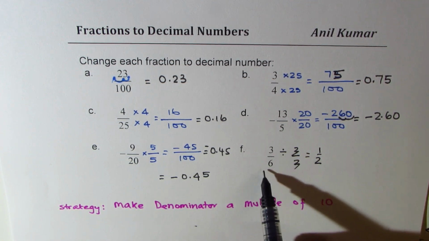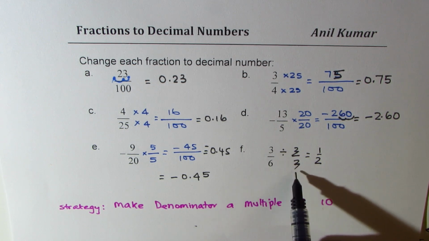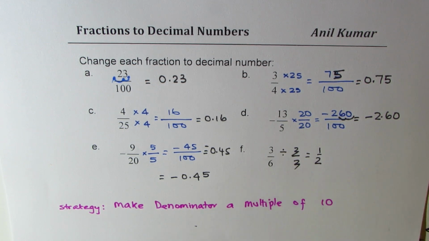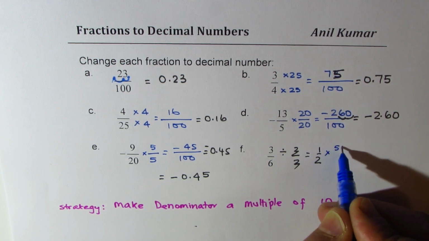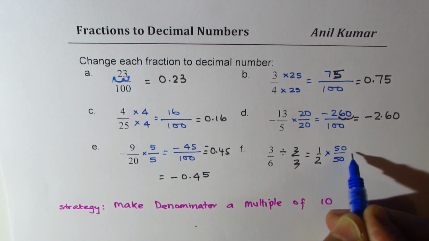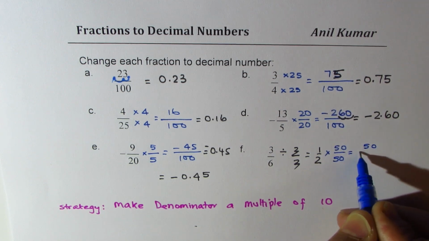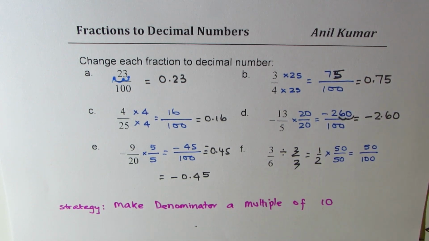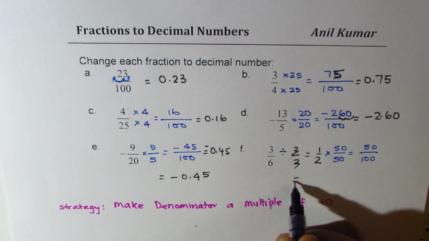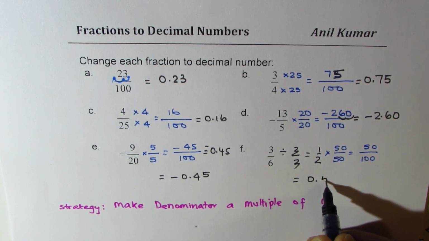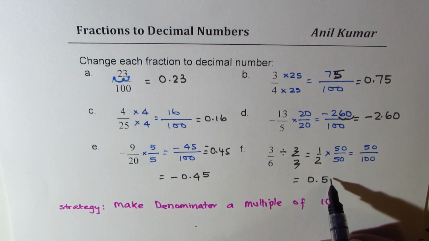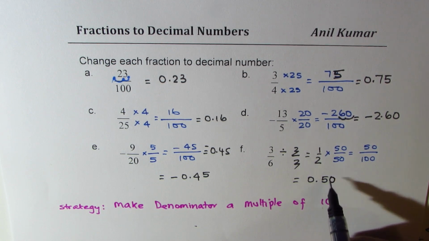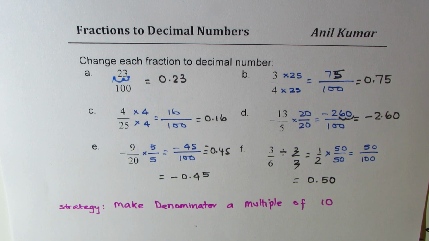Dividing both by 3, that is to write them in lowest terms, we get half. And now we can multiply both by 50. So we get 50 over 100, which is equal to 0.5, right? Now writing 0.5 or 0.50 is one and the same thing for now, correct? So either one of them is true.